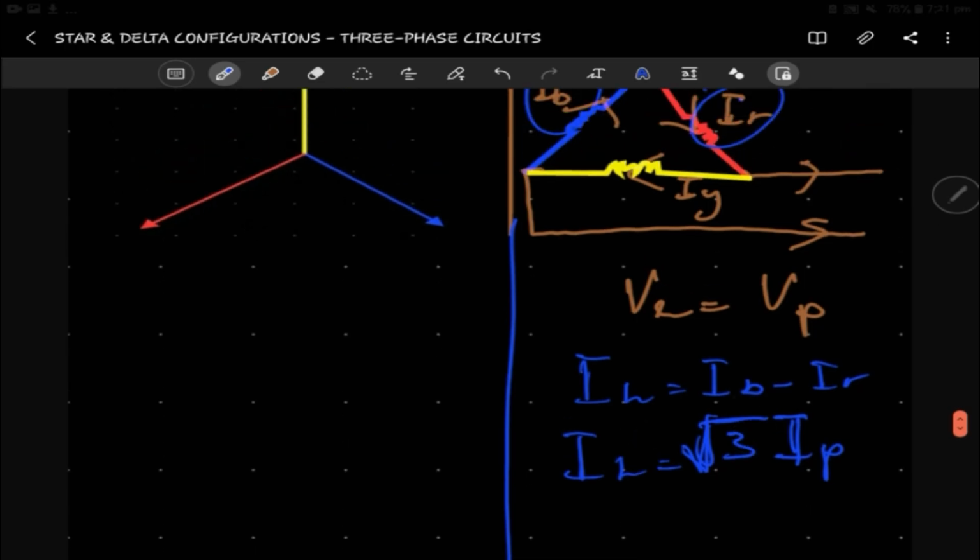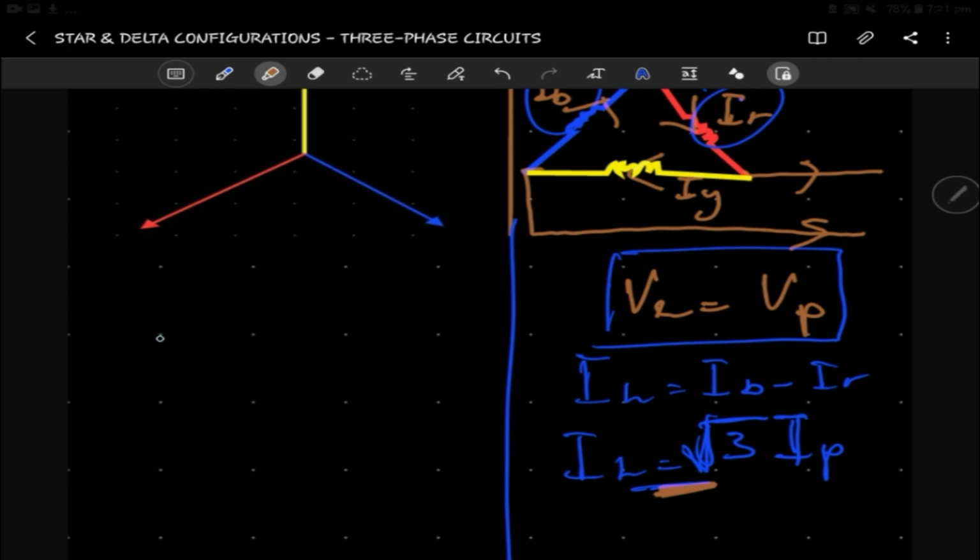So let's see. If you look at the delta side, the voltages in the line and the phases are the same, right? But when it comes to the star, it's not so. So when it comes to the star, we have the voltage this way.